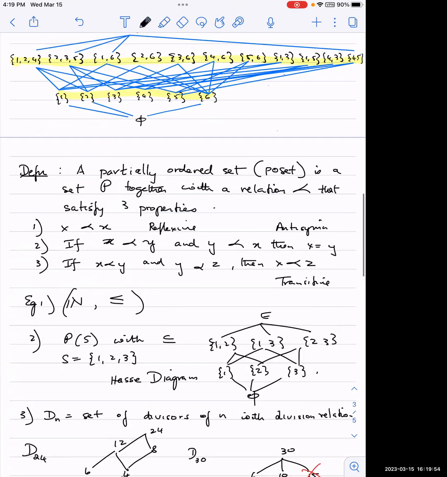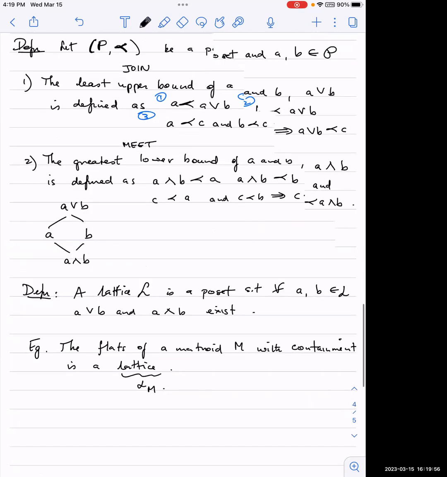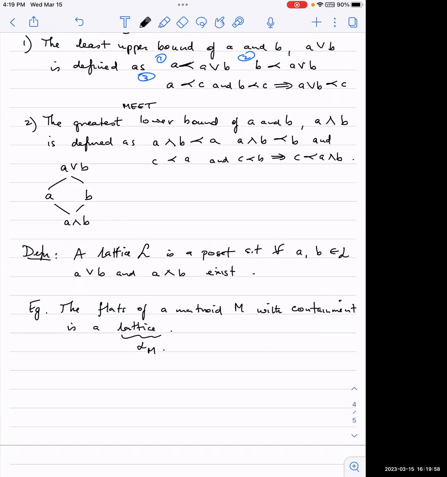Rebecca, yes. Do we need to have uniqueness for the lattice? That the join and meet need to be unique, or do they just need to exist? Oh, that's a good question. I think I've usually seen the definition with uniqueness, but it might not change anything either way. That's definitely something I need to look into.